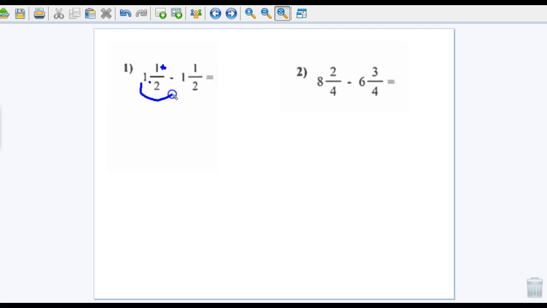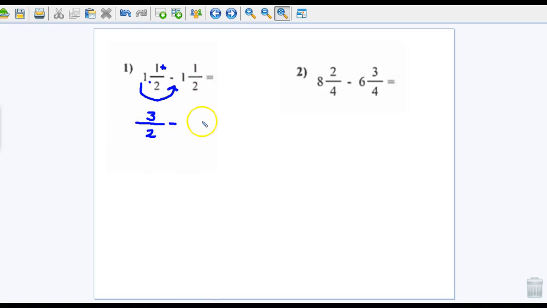And we're going to go in this direction always, okay? Which is counterclockwise. So my whole number 1 times 2 is 2, plus 1 is 3. So I'm going to rewrite that as my numerator, and my denominator stays the same. My sign doesn't change, so I'll bring that straight down.